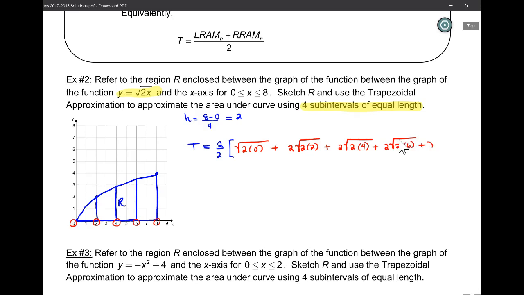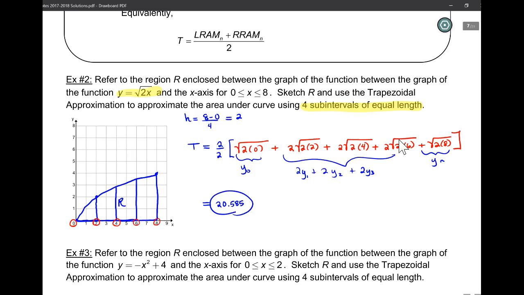And then the square root of 2 times 8 is only used one time. Again, from the formula, this is y sub 0, this is y sub n, and these are all the 2y sub 1 plus 2y sub 2 plus 2y sub 3. That's the implication there. So when we multiply this all out, we're going to get 20.585.